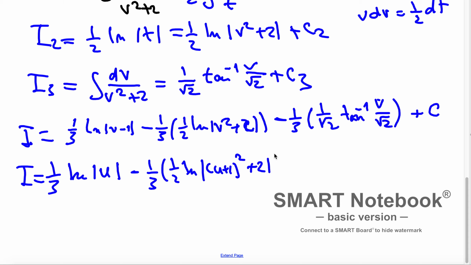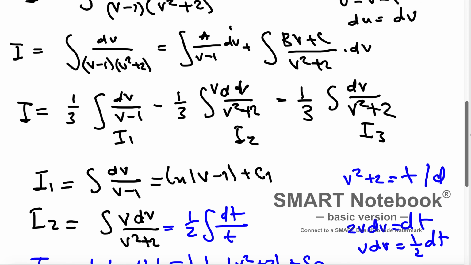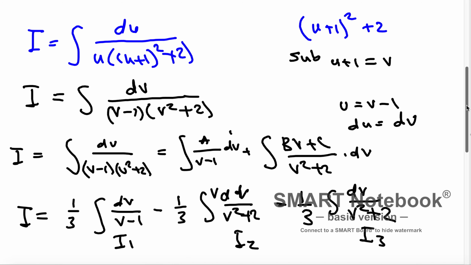And this is minus 1 over 3 times 1 over square root of 2 inverse tangent, or arctangent. Let me make sure one more time: v is u plus 1.